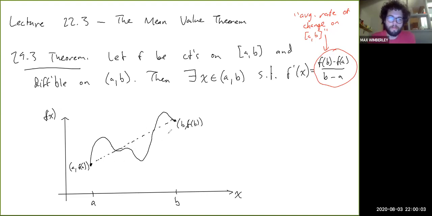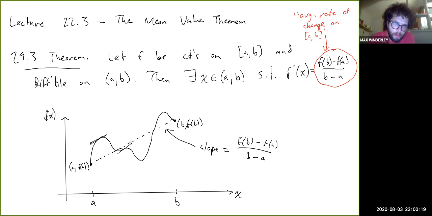So the slope here is f of b minus f of a over b minus a, right? And if you look, we can find these points, something like that, right?